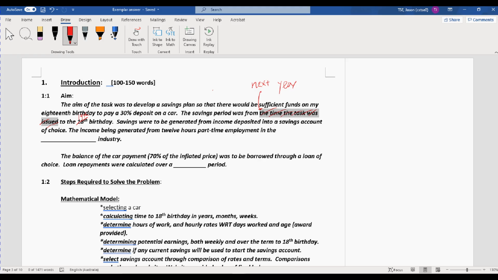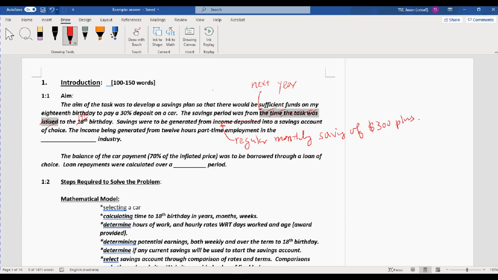Let's do it a little differently here: from regular monthly saving of $300 plus into a saving account. That's more specific for your assignment.